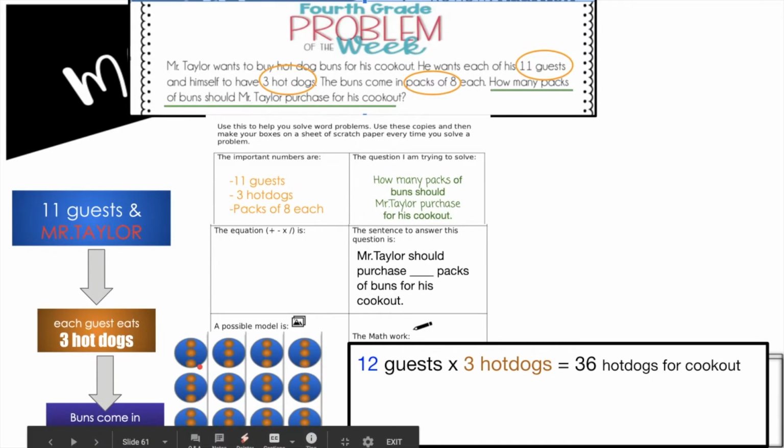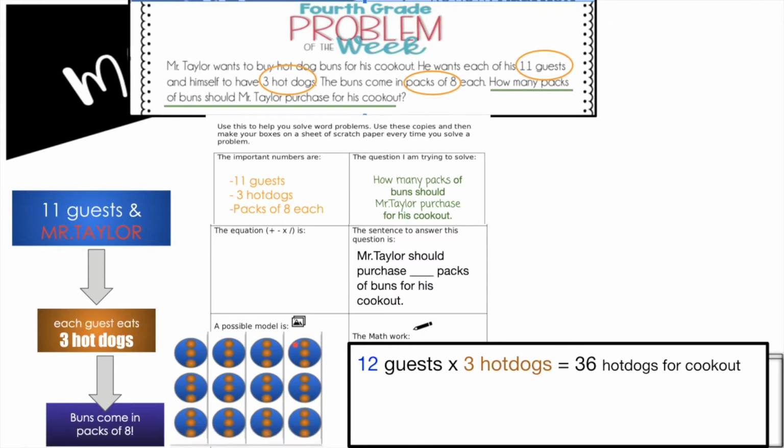So there's 9 plus another 9. 9 times 2 is 18. Plus another row of 9 is 27, plus another row is 36. There's multiple ways for you to find out, but you find out that you are dealing with purchasing 36 hot dogs. Why is that important?